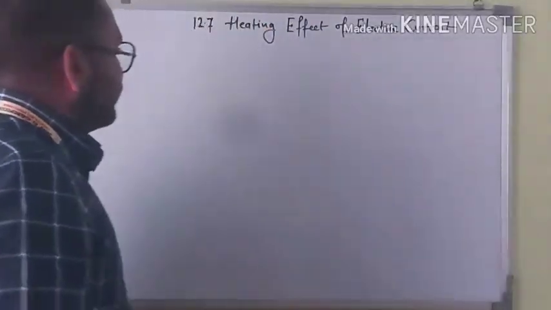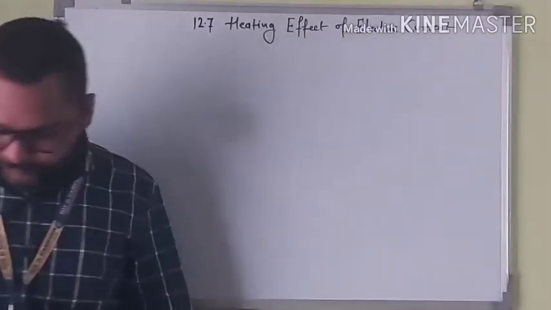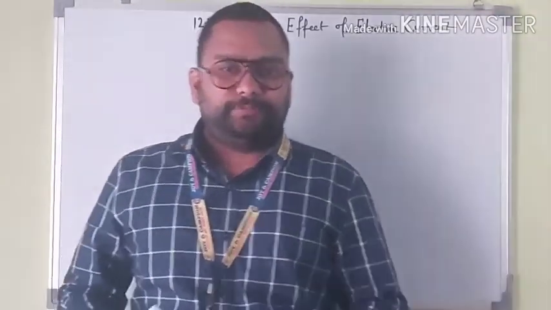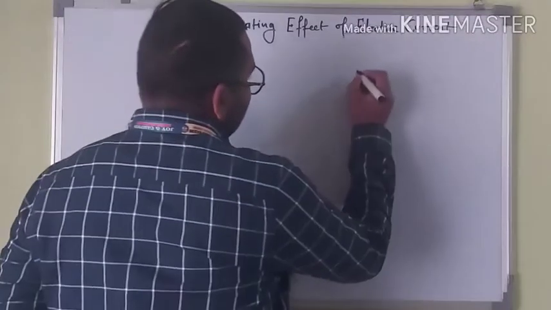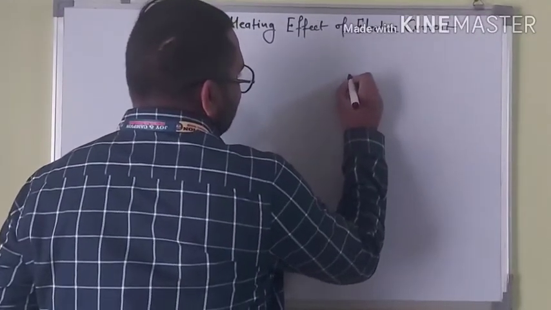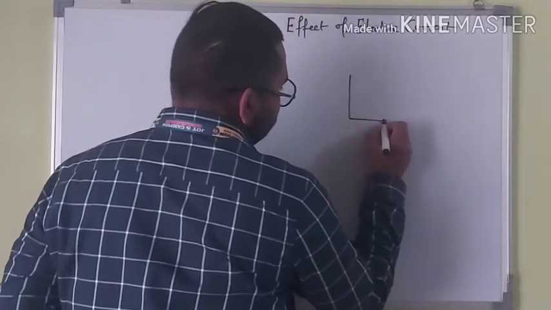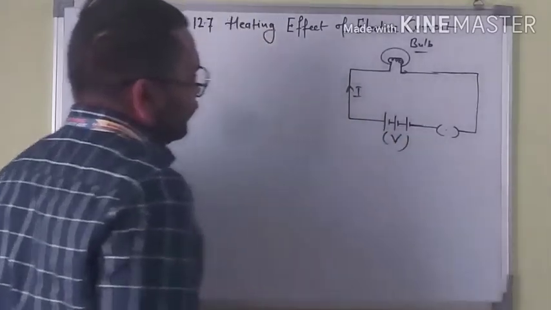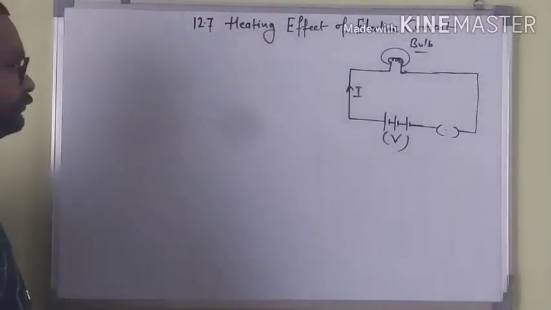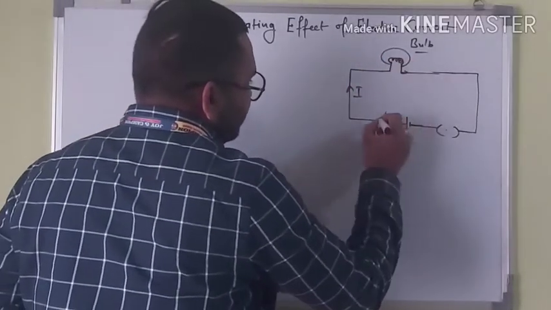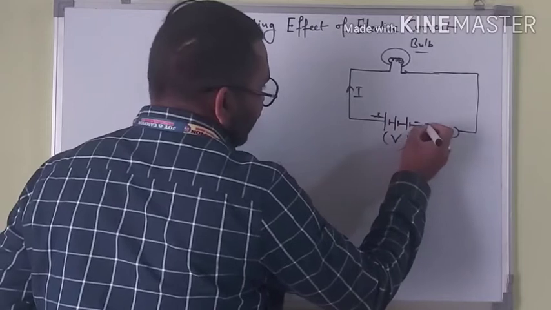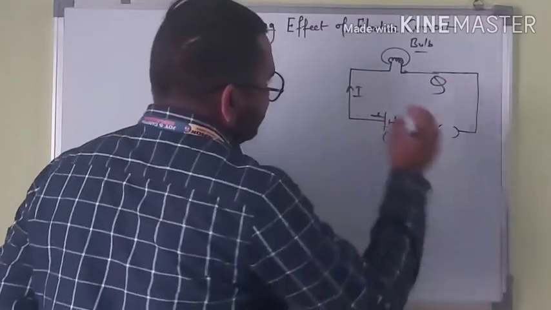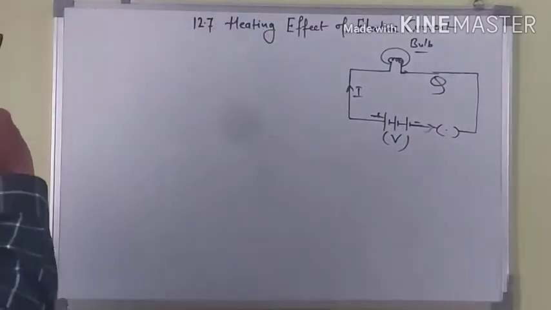In this video we will be discussing the heating effect of electric current. You know that when current flows in a circuit with potential difference V, the current flows from plus to minus, and the electron charge Q flows from minus to plus.